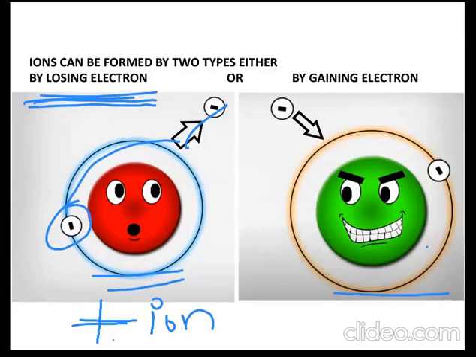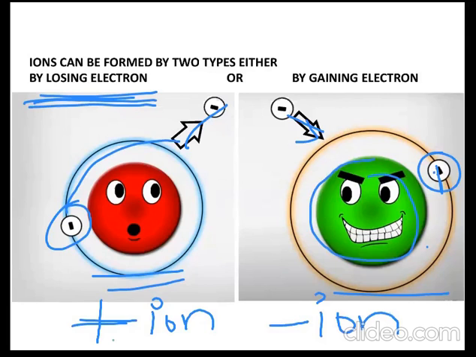So it forms a positive ion by losing an electron. And this atom, this electron comes here, it has come to it. Now it has got an excess electron, an excess negative charge. So by gaining an electron, it forms a negative ion. So this is a positive ion and this is a negative ion.